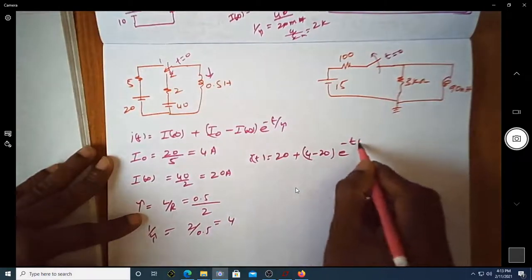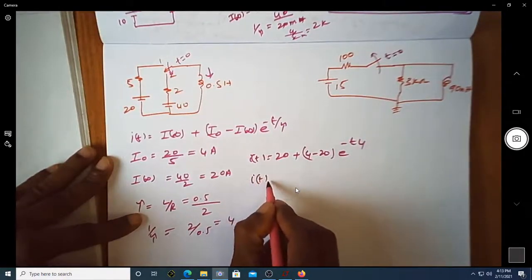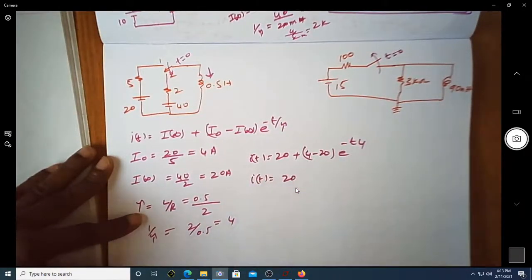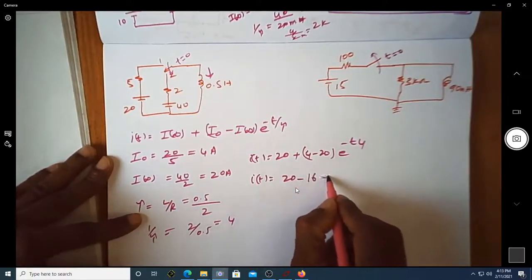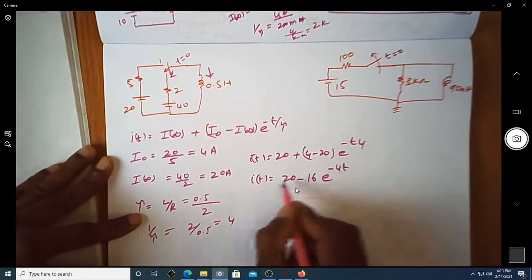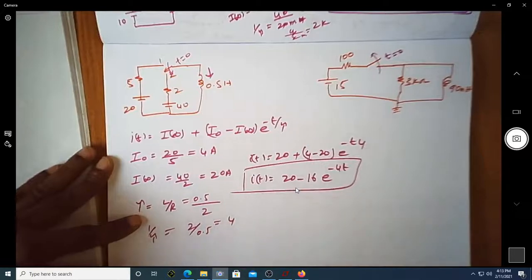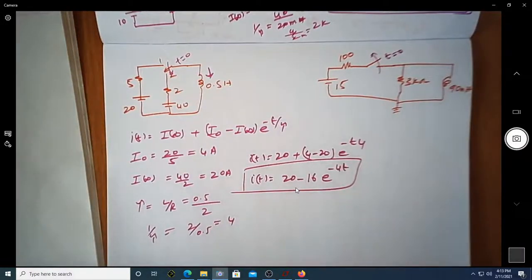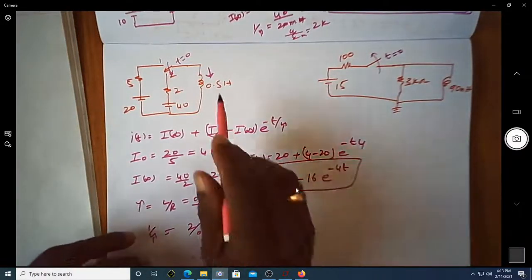Since 1 over tau is equal to 4, I can write I of t is equal to 20 minus 16 e power minus 4t. This is the expression for the current flowing in this particular circuit.